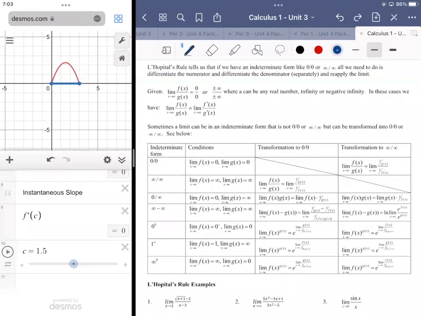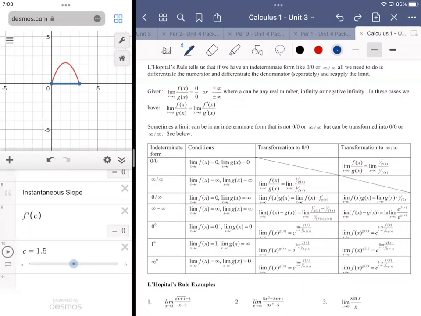What L'Hopital's rule actually does is it allows us to determine limits for indeterminate forms, right? The only indeterminate forms that we worked with directly so far were the first three, just instances that involve ratios involving zeros and infinities, right? 0 divided by 0.